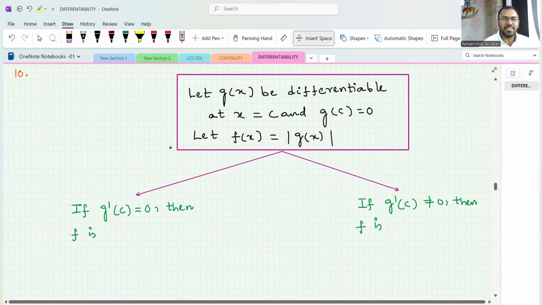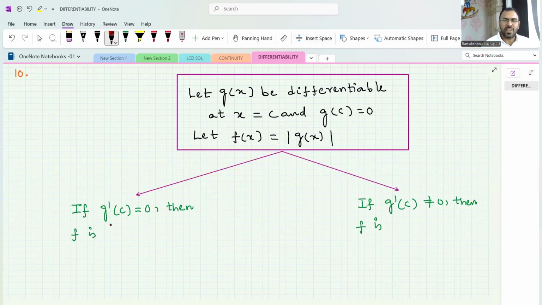See, if g dash of c equal to 0, whatever function is inside the modulus, if its derivative is also 0 at c, not only g of c equal to 0 but also g dash of c equal to 0, then we can say that f is differentiable at x equal to c.